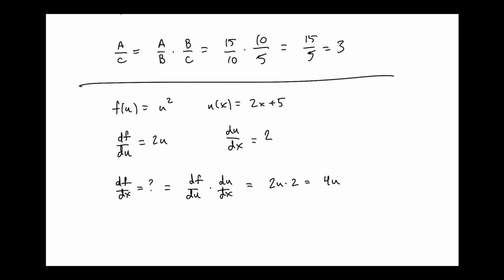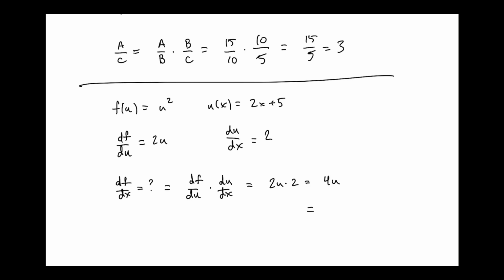Why not, Thomas? Yeah, exactly, because the question I'm trying to answer is a relationship between f and x, not f and u or u and x. So I would like this to be in terms of x because I'm looking for df dx.